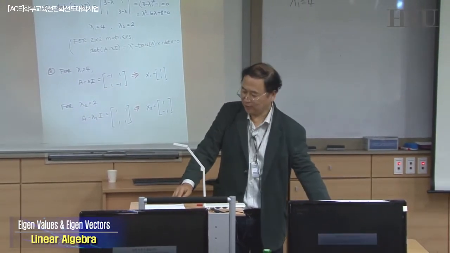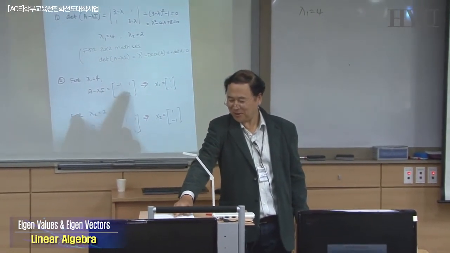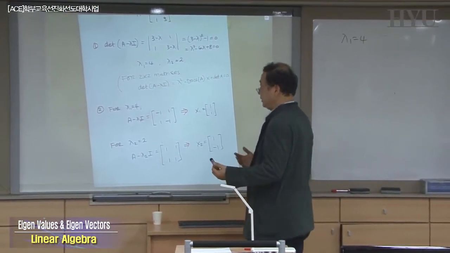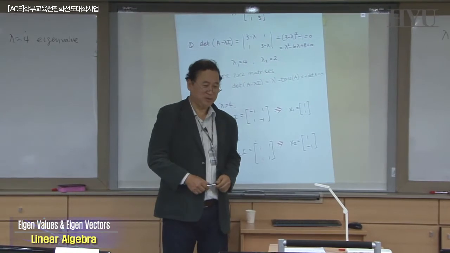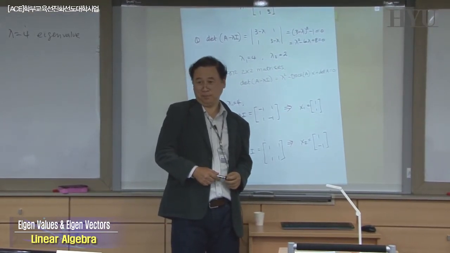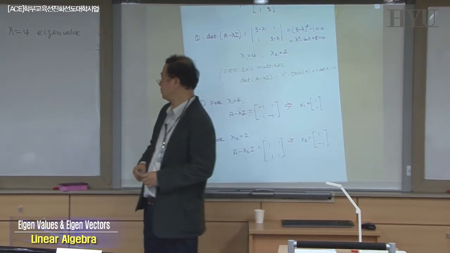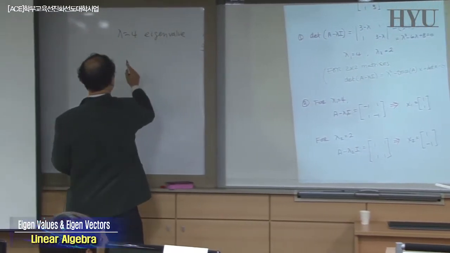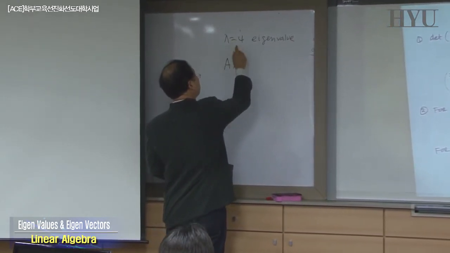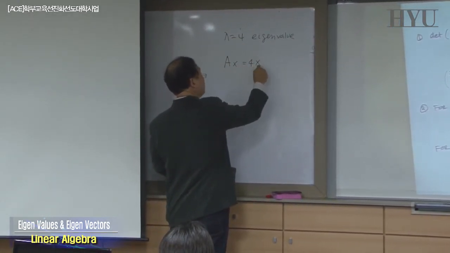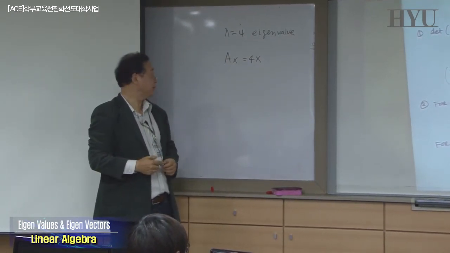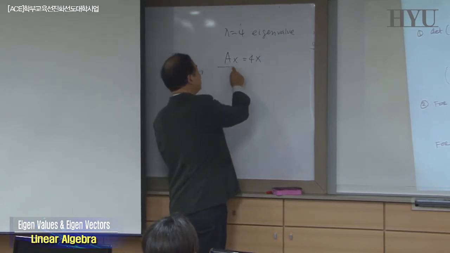This one, I just came up with, magically, by whatever observation. But how can you come up with that? Basically, this means Ax, right? And with lambda 4, it should be 4x, right? This relationship, right? Basically, you try to solve this one.